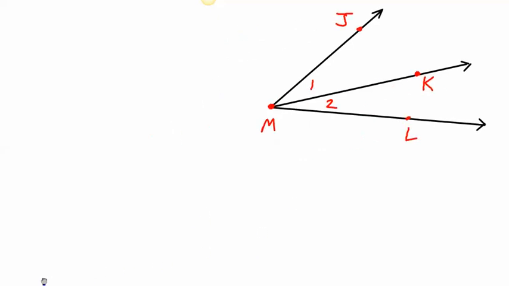When you're naming an angle or describing an angle, you're going to use three letters, or you can use the number that's near the vertex of the angle.